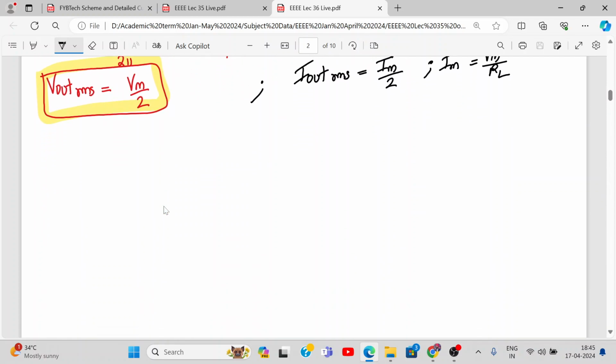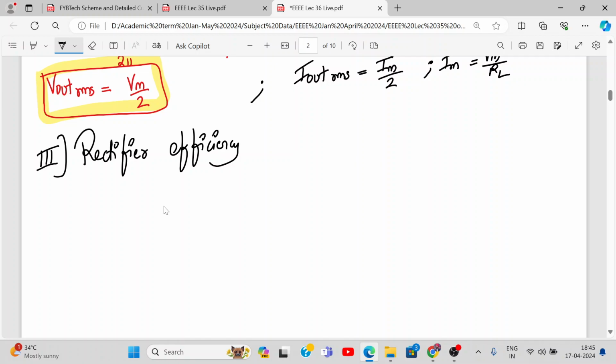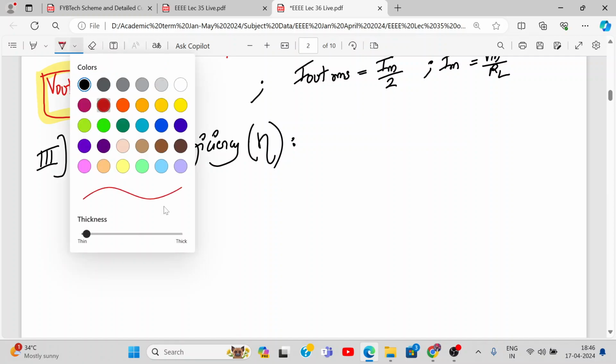The next derivation is of rectification efficiency. So write down the third one, rectifier efficiency. How efficient is my rectifier at converting AC to pulsating DC? So write down its definition first.